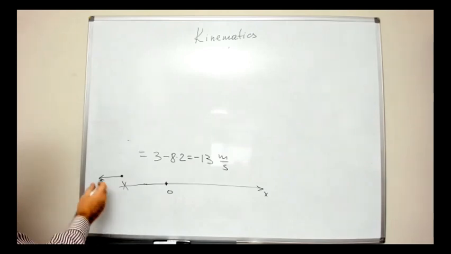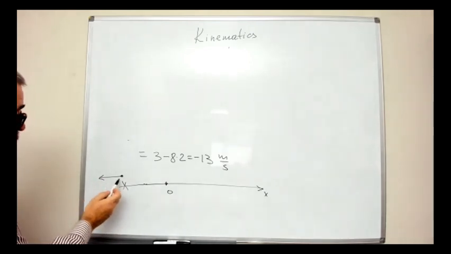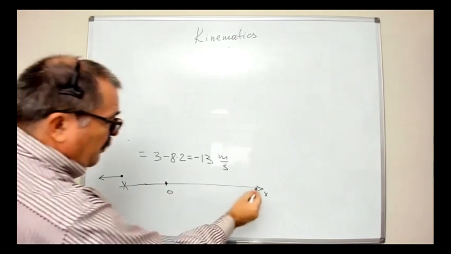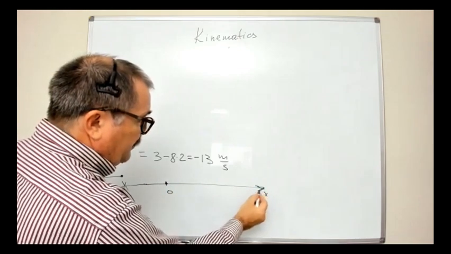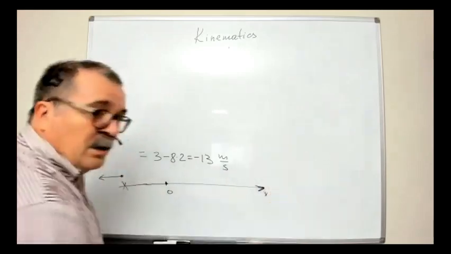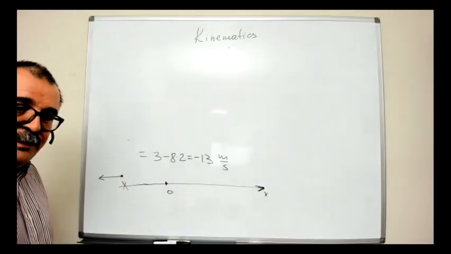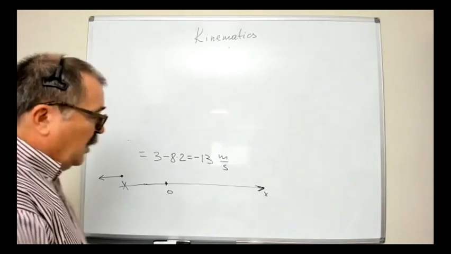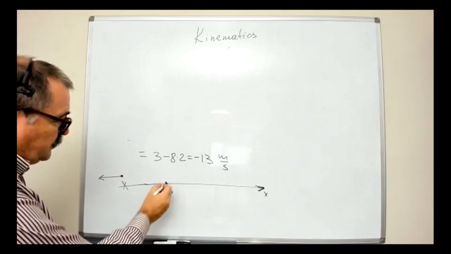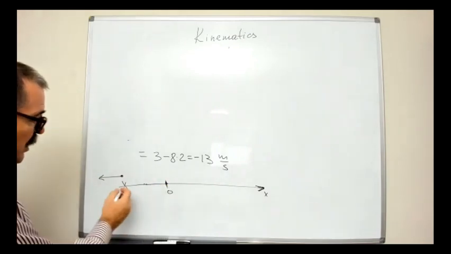Yeah, yes, that's what I drew here. You see, this is my reference frame. My positive direction in this reference frame is to the right. Everything to the right will have a positive value. Everything to the left is going to be a negative value, right? So this is my origin.